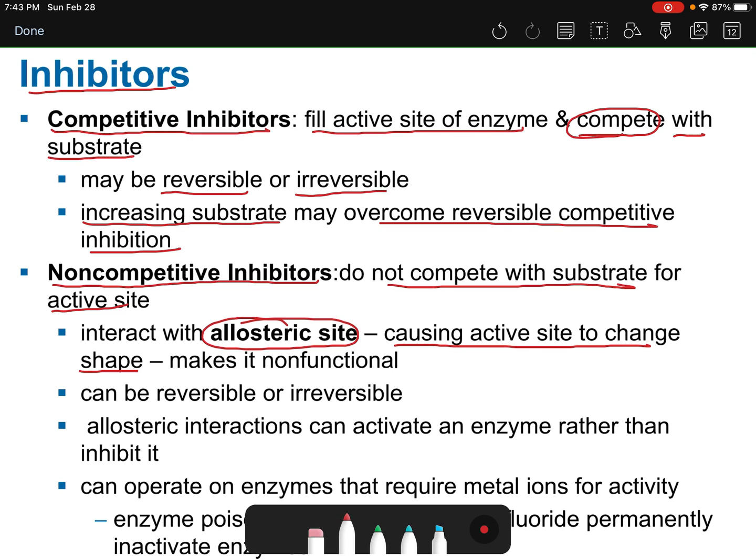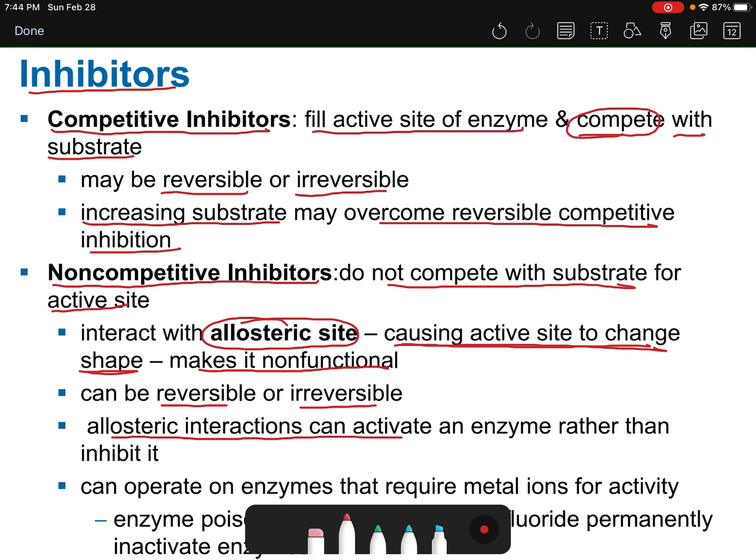Remember, that active site has a very specific shape for a very specific substrate. So if you change the shape of that site, it could make it non-functional. Now the substrate can't hook onto it because you've totally modified the shape. The substrate comes along and can't hook on because it doesn't have the right shape. This can also be reversible or irreversible.